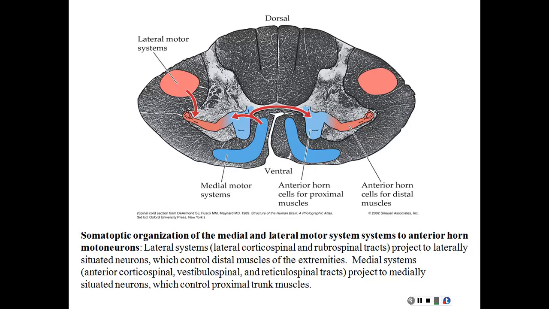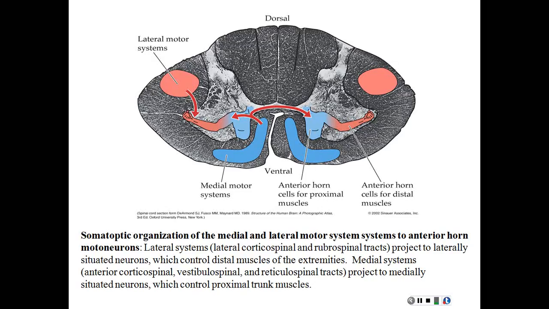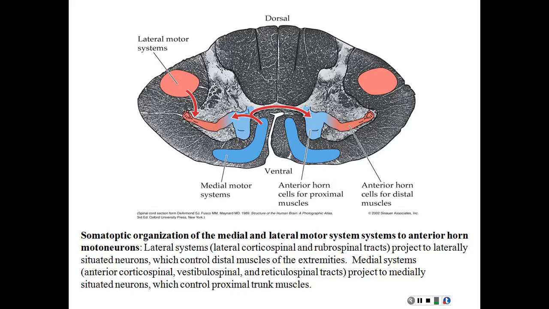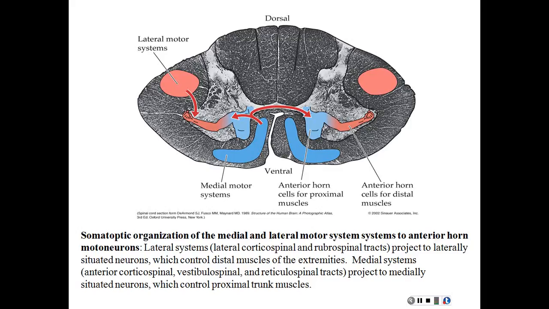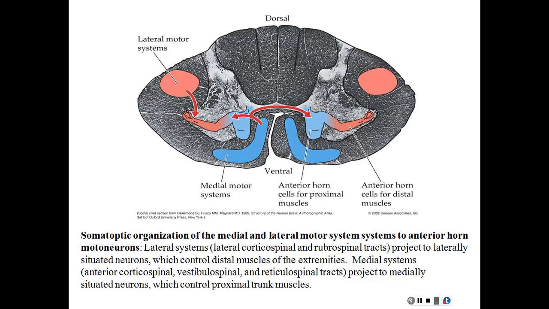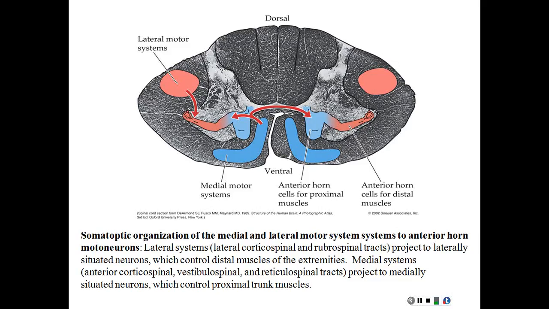And as we get closer to the arm and the shoulder and the axial muscles, we're actually going from a lateral to a medial, outer to inner. It makes perfect sense, right? Even physically, where these neurons are located in the spinal cord, we're going from the outside to the more midline. And that's exactly how they're represented on the human body, out to in.